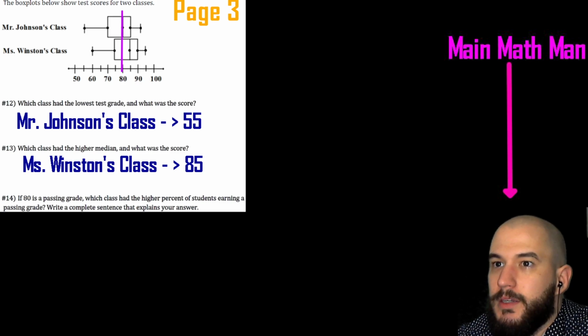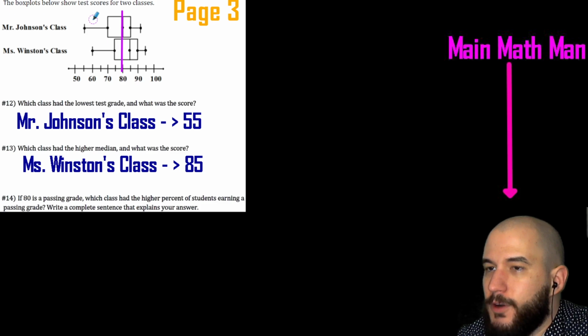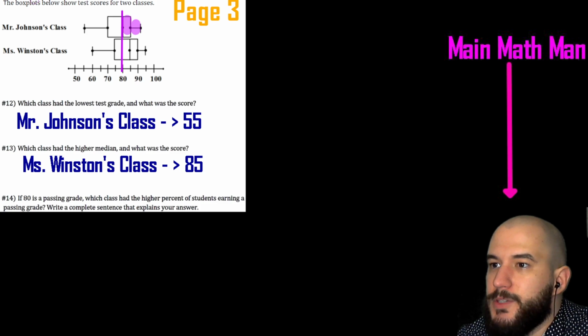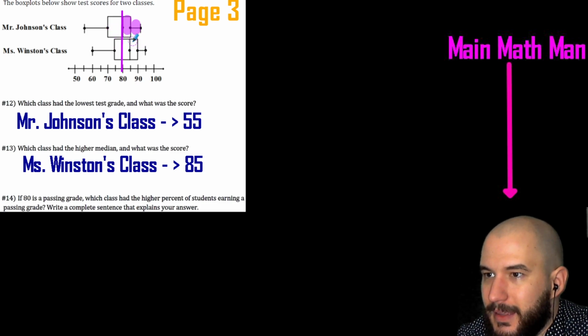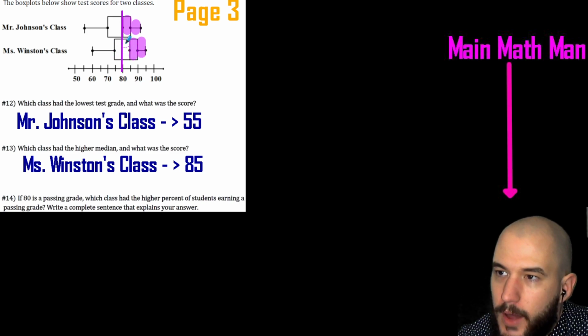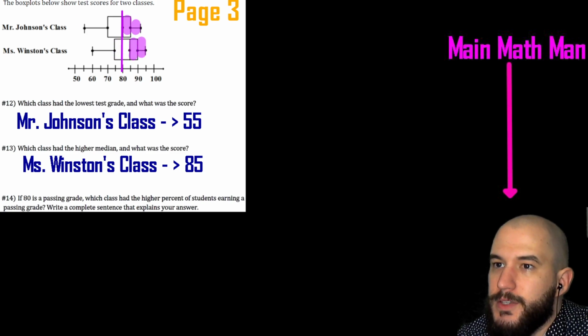Each section is still worth 25%. How many sections is that for Mr. Johnson's class? You have 2 sections, so that's about 50%. However, for Miss Winston's class, it's 2 sections already, but then there's a whole other part in here as well, so you need to include that amount too.